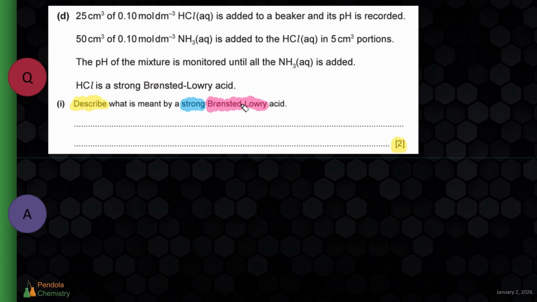A Brønsted-Lowry acid means that we have a proton donor. So that's the first part of the definition, a proton donor. And then the strong means that we have an acid that completely dissociates.